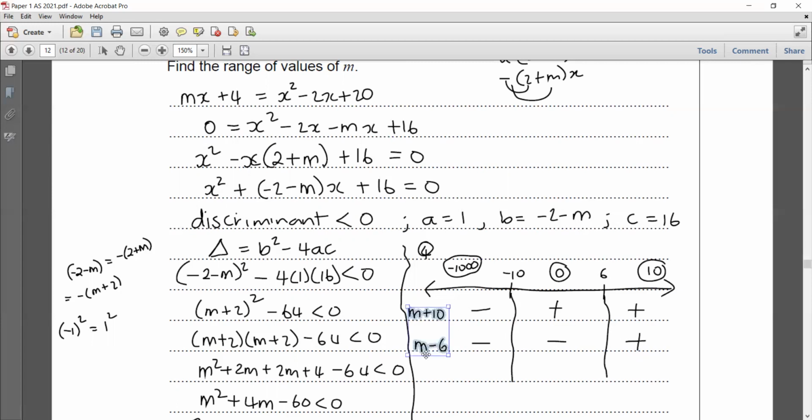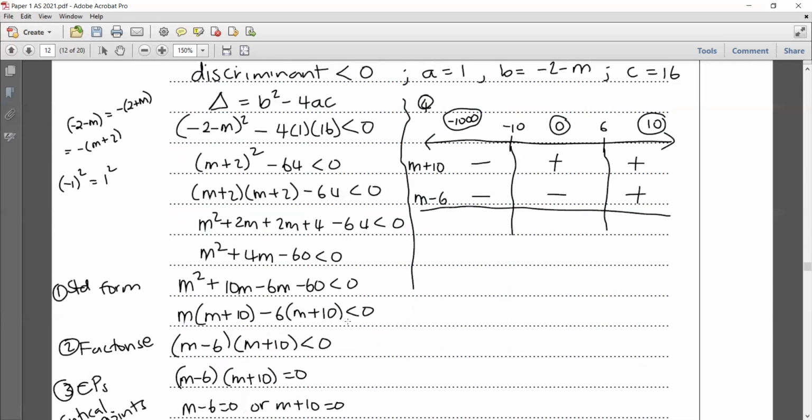Then I add one more row. And in this row, I go back to where it was factorized, and exactly the way it was factorized is what I put in the last row. So I have m minus 6, m plus 10. And then if you look at these two brackets, you can ask yourself, what's happening to these two brackets?